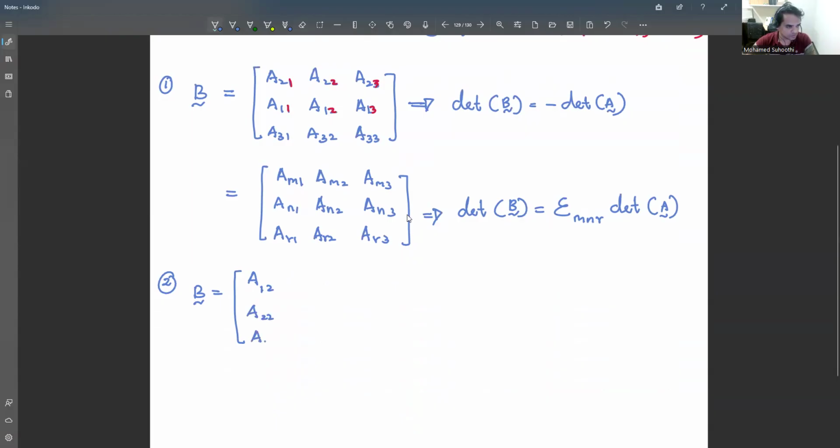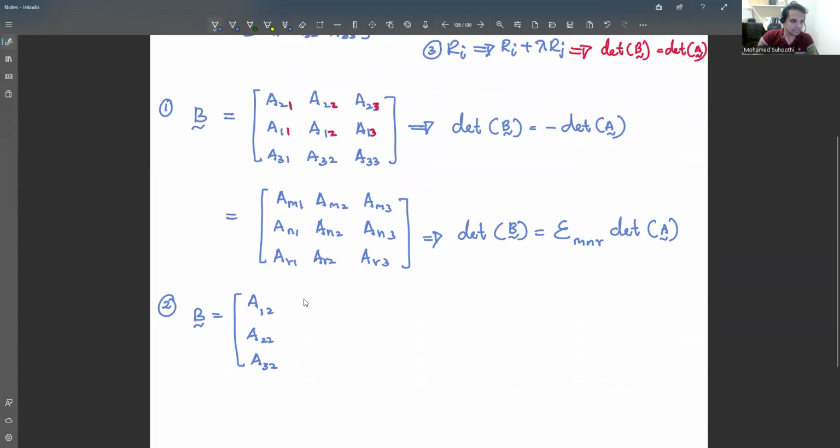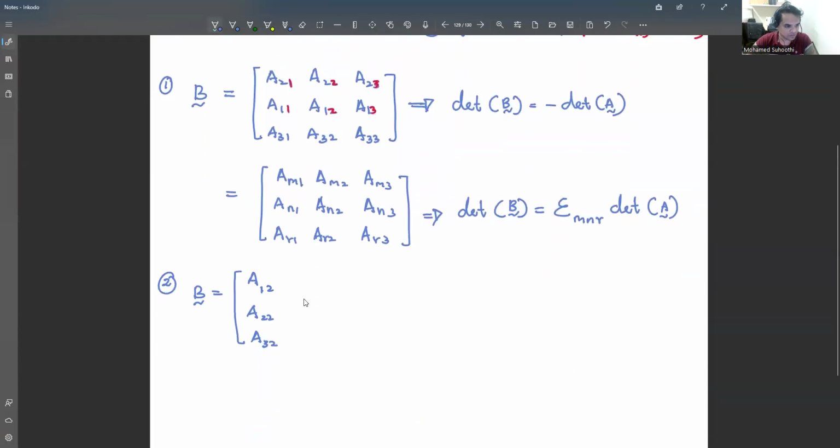This is, I think, 3, 2. Yes. So this one now, the first row, A1,1, A1,2, A3,1. This will be same, A1,3, A2,3, A3,3.